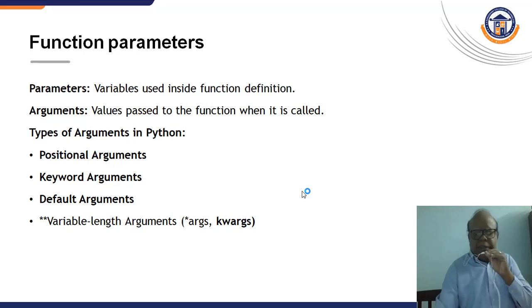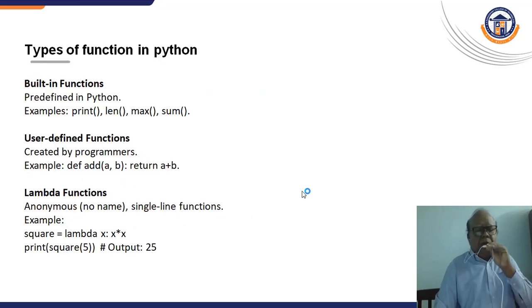So in the previous example, you can see def add a comma b.